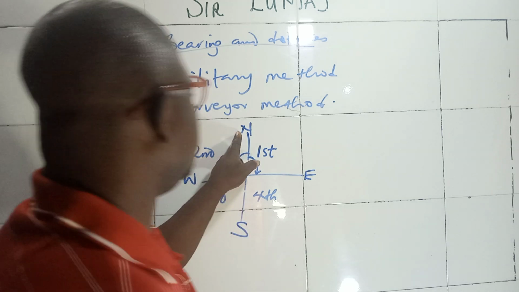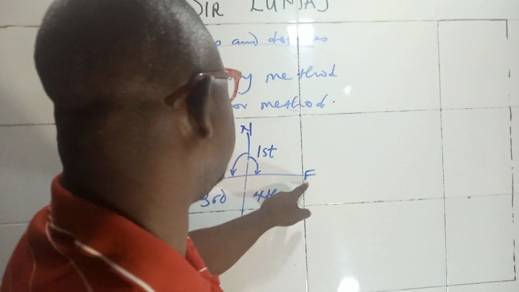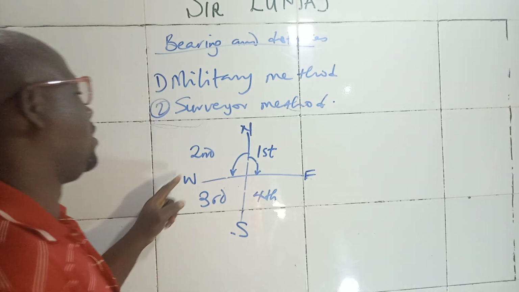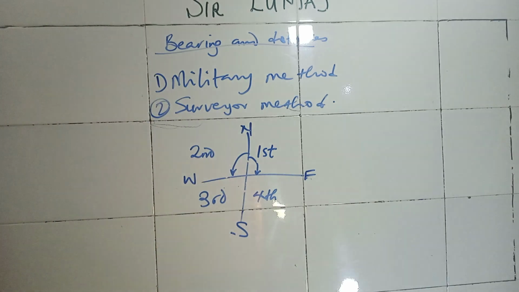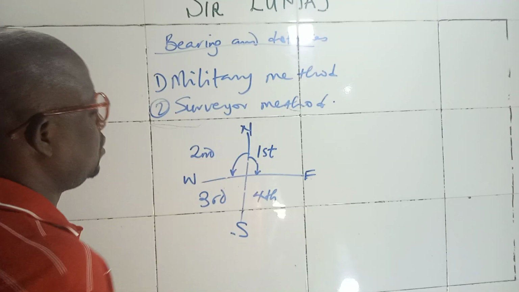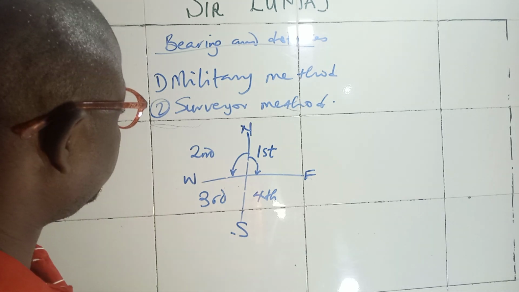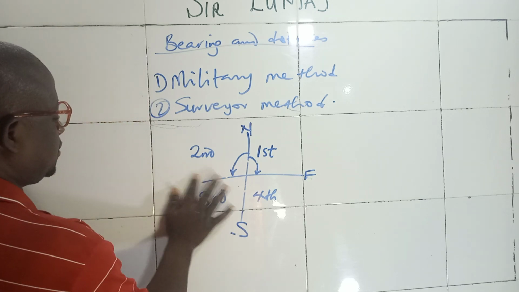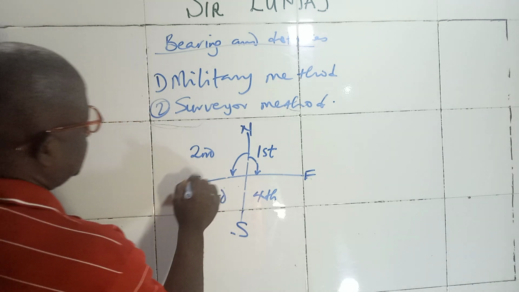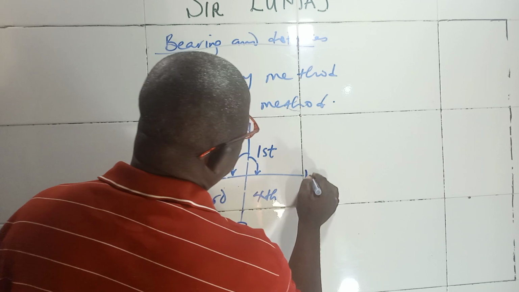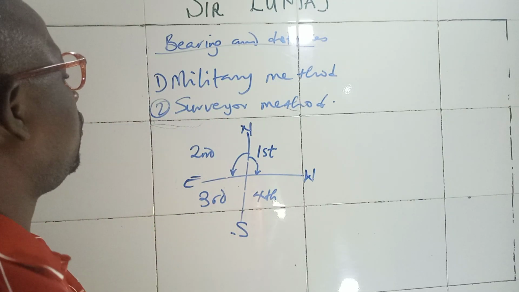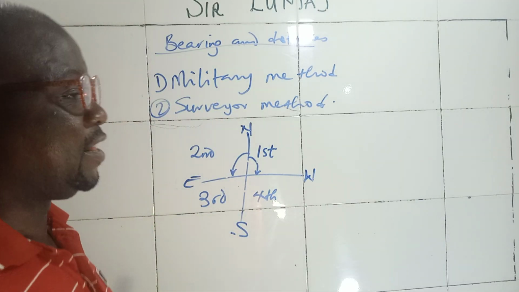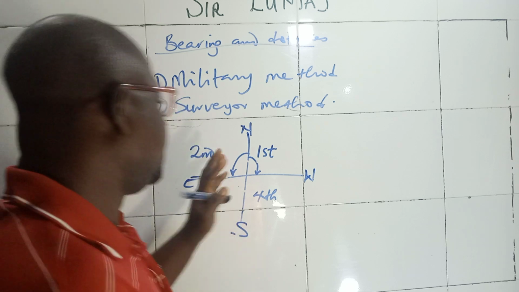So that you now have the northeast, the southeast, the southwest, and the northwest. Sorry, this is east, and this is our west. This is what we're going to be discussing under bearing and distances.